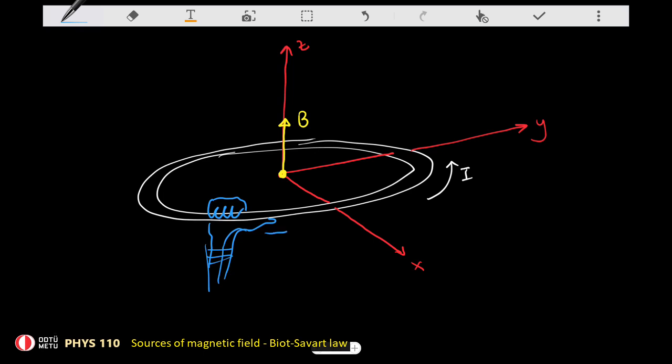So your thumb shows the direction of the current, and the other four fingers show the direction of the magnetic field at the place they are placed. So as a result, if you are holding your hand like that, these things basically show the direction of the magnetic field right above this wire. So therefore, it indicates a magnetic field like that.